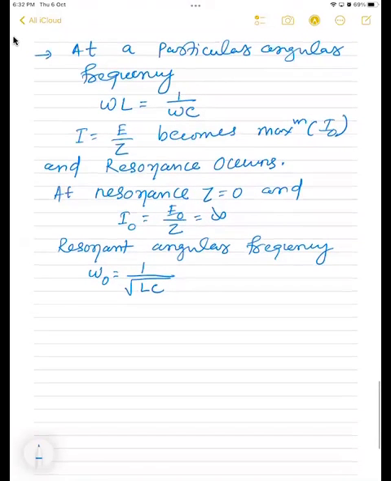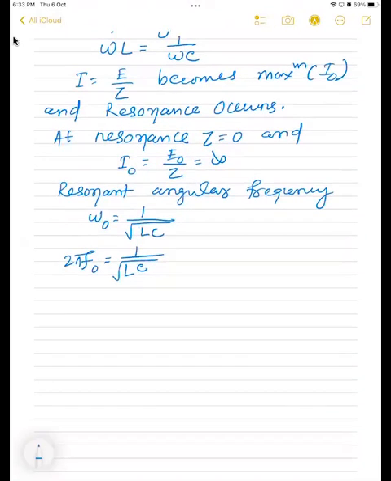And omega naught is how much? 2 pi into F naught, correct? Yes. So you can write resonant frequency from resonant angular frequency, right?